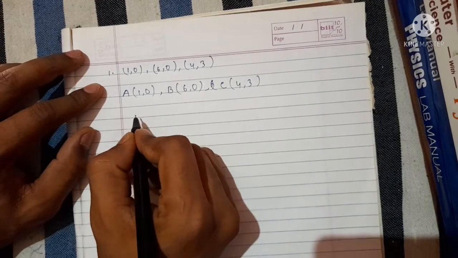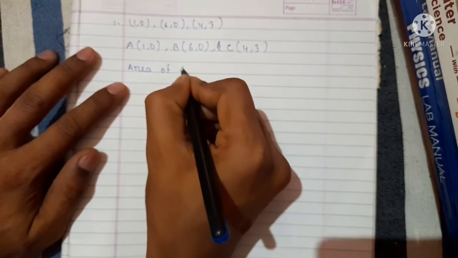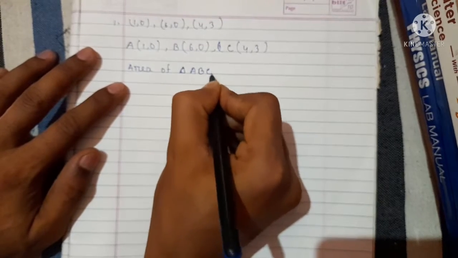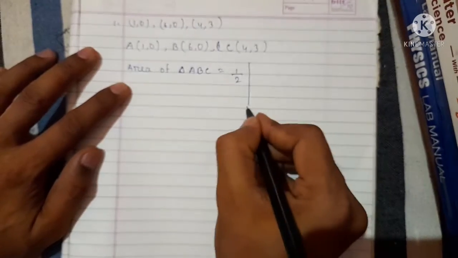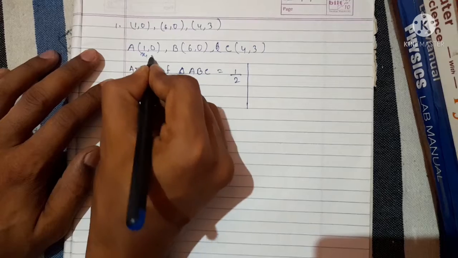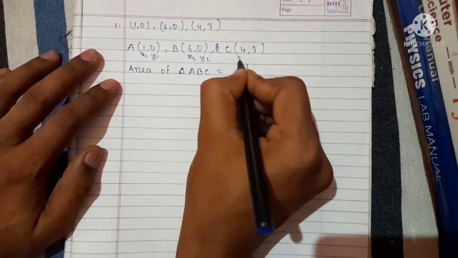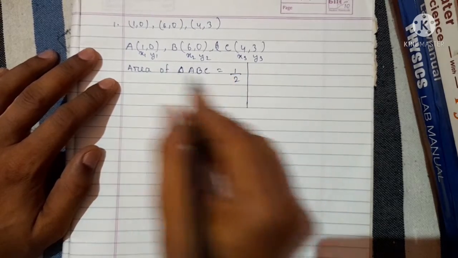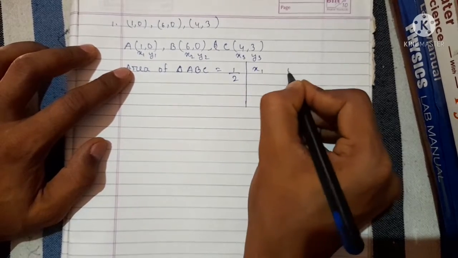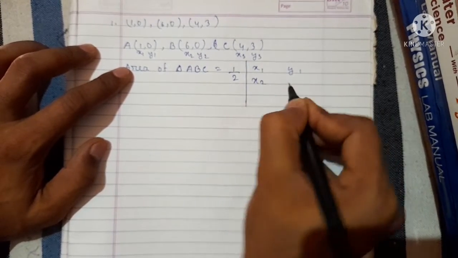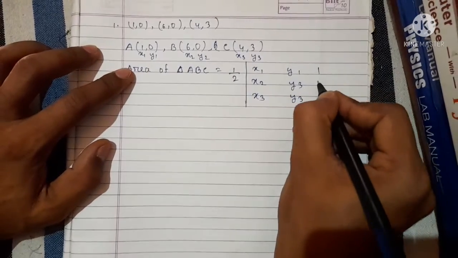So we will write here: area of triangle ABC is equal to half into the determinant of x1 y1, x2 y2, x3 y3, 1 1 1.